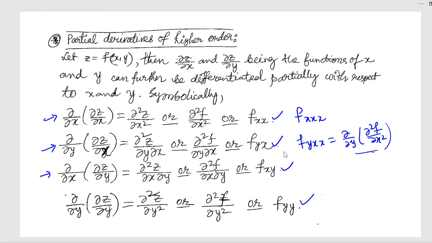So of this form, there are several possible combinations. Now, provided the limit exists, then only you can say this derivative is possible.